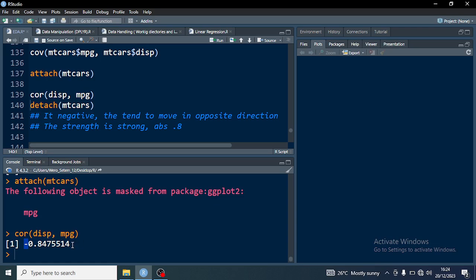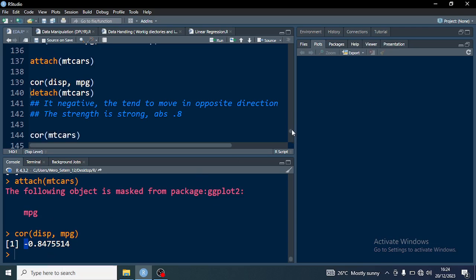There's a strong negative relationship between displacement and miles per gallon, because correlation ranges from -1 to +1. So -1 means a strong negative relationship, and +1 means a strong positive relationship. So the strength is strong because it's close to the value 1.